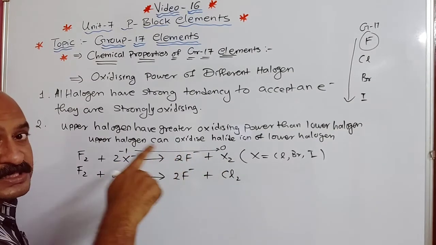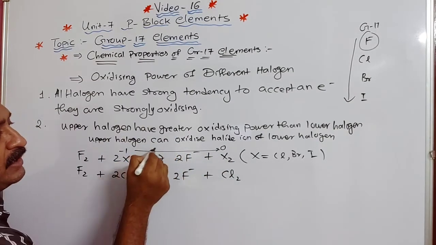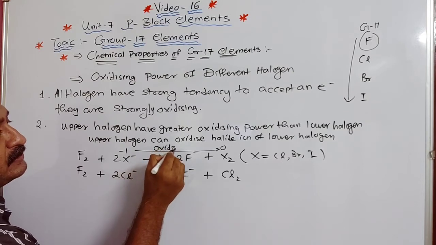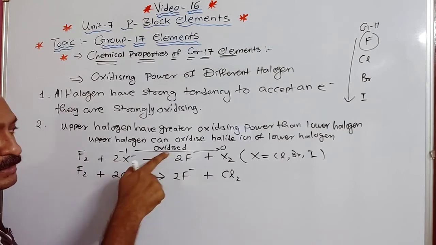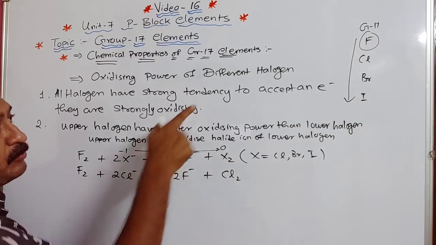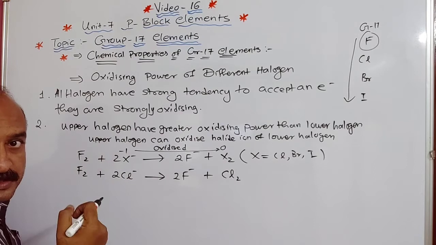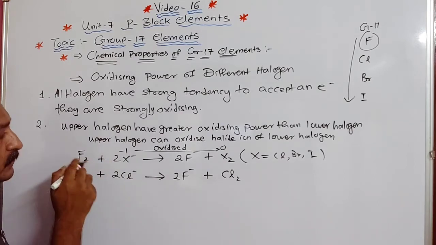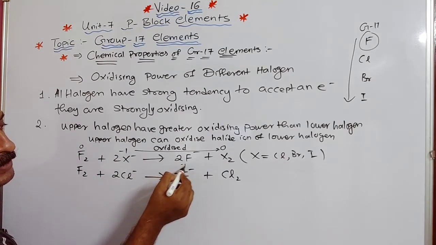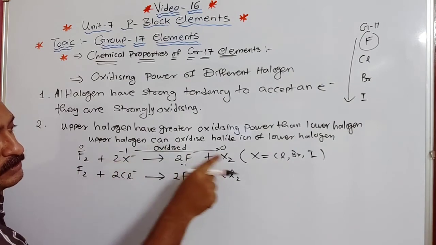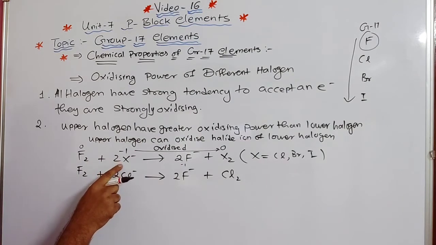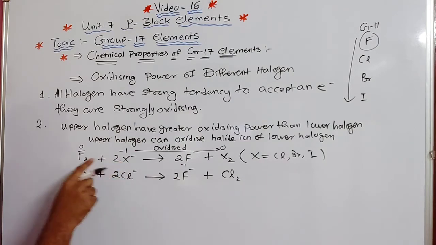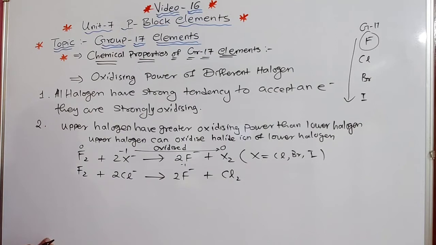So minus 1 to 0 means an increase in oxidation number, which means it is oxidized. So the upper halogen will oxidize the lower halogens, because they are more electronegative and have more tendency to accept an electron. Understood? Here it is 0 and for fluorine it is minus 1. So this one is oxidized, so it acts as a reducing agent, and this one is an oxidizing agent. Understood this part?